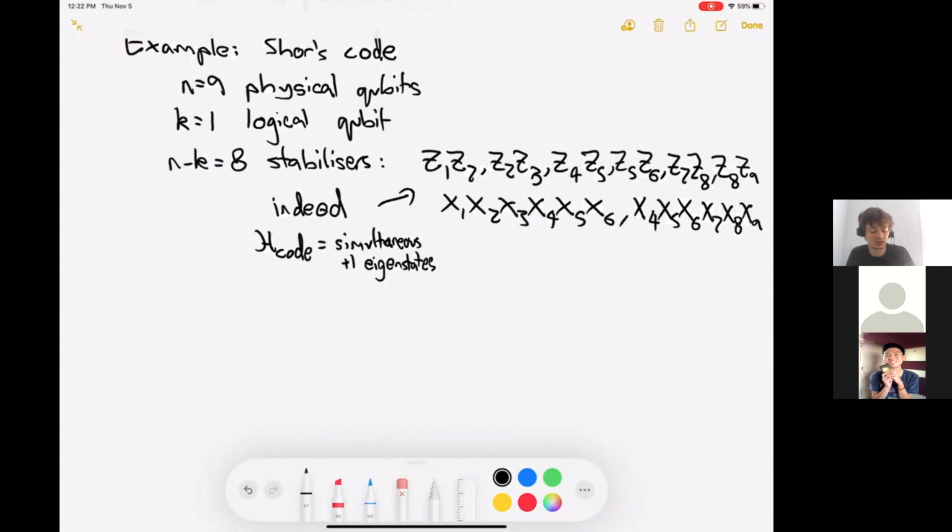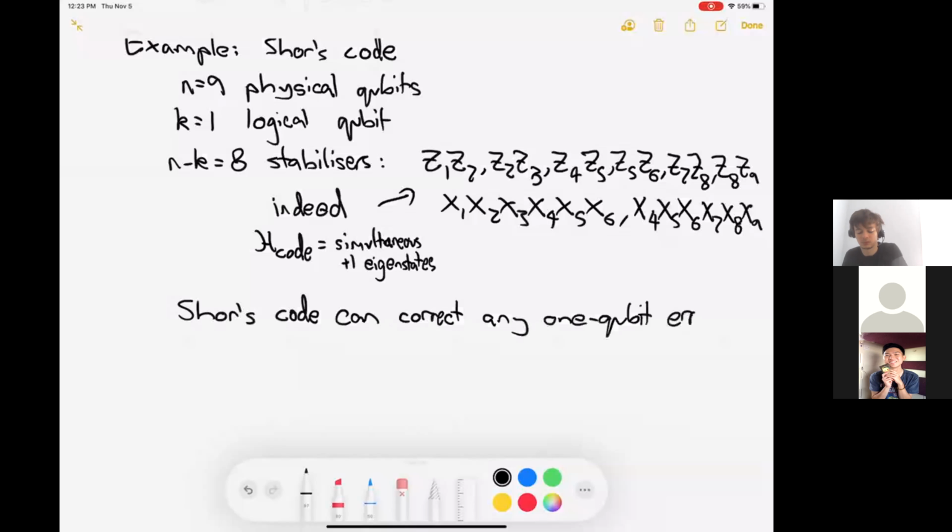What we found is that Shor's code can correct any 1 qubit error. In the stabilizer language, it's the equivalent.